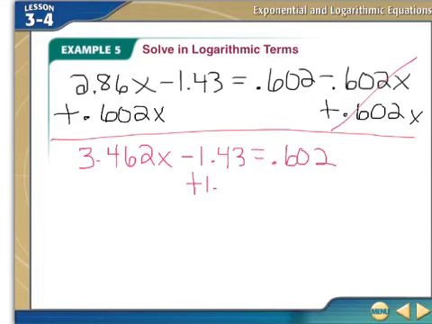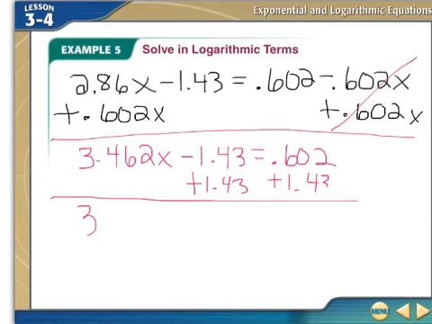And I'm going to add 1.43 to both sides. And I'm going to get 3.462x equals 2.032.